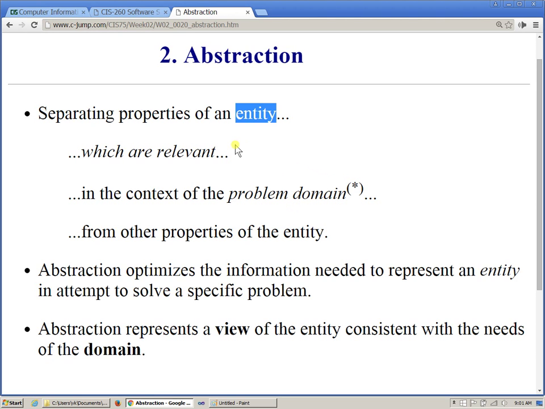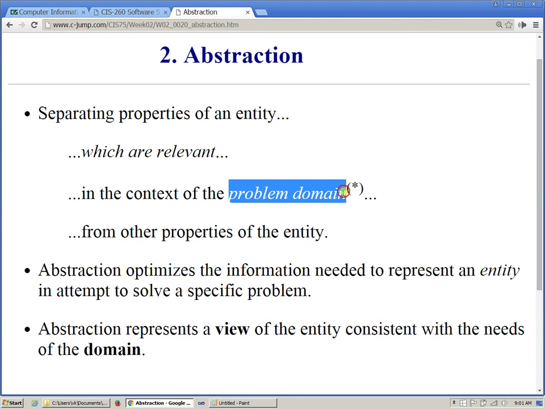And this simplification or separation of different properties definitely is taking place in a problem domain, right? Because if you look at different types of applications, the same thing could play different roles in different situations.